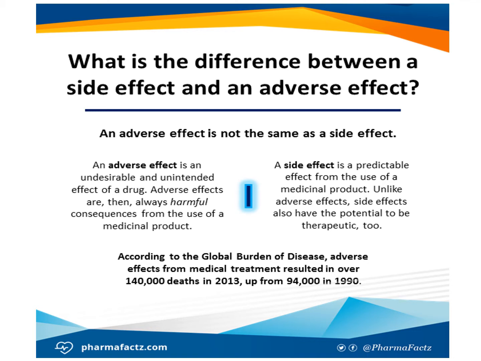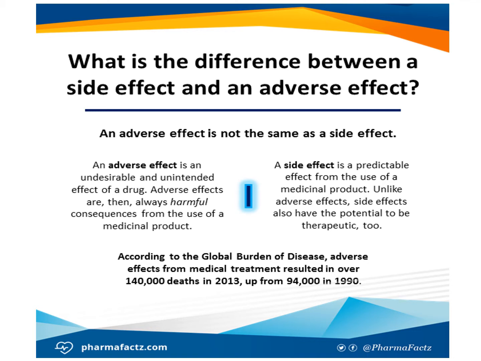So an example of an adverse effect is say an antibiotic in the group called fluoroquinolones, and you might know one. You may have heard of one called ciprofloxacin. Ciprofloxacin is an antibiotic that we use for certain bacterial infections. And we've discovered over the past 10 to 15 years that you can actually get a tendon rupture.